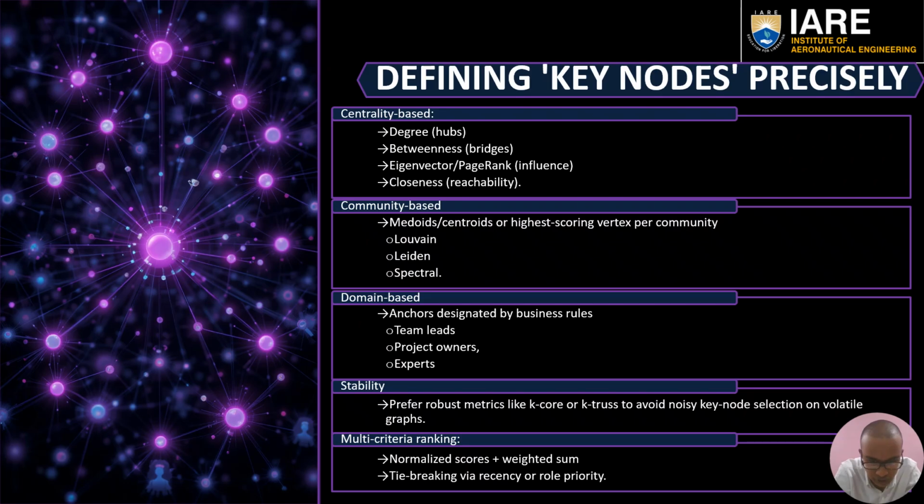And the final type is multi-criteria ranking. Normalized scores and a weighted sum combined can form a ranking, and tie-breaking through recency or role priority can also be considered. Hence, these are the types of key nodes which we can define precisely.